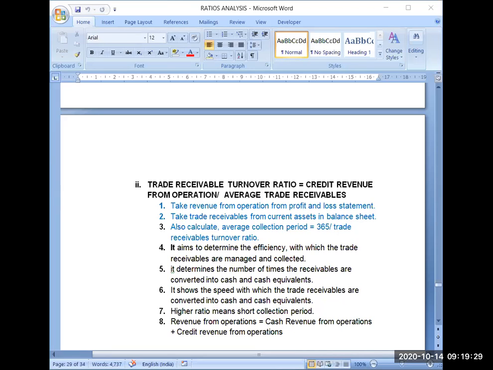If you want to calculate it in months, it will be 12 upon trade receivable turnover ratio. If you want to calculate it in weeks, it will be 52 upon trade receivable turnover ratio.